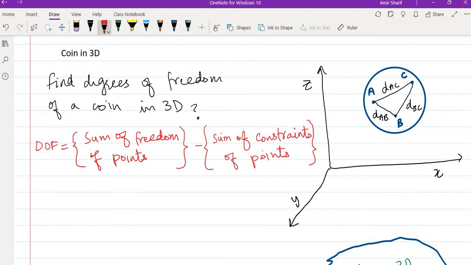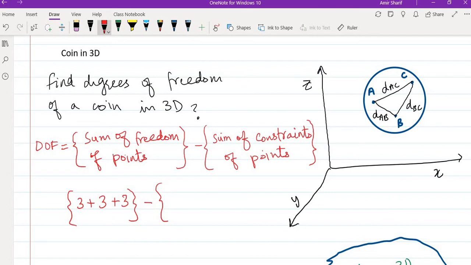Okay, so this time point A has 3 degrees of freedom, plus point B has 3 degrees of freedom, plus point C has 3 degrees of freedom, minus the number of constraints.